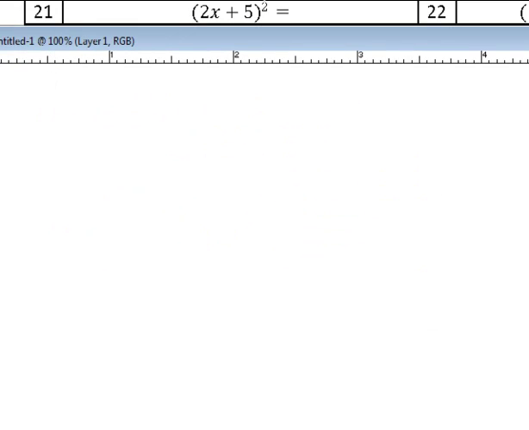In number 21, we're going to open up this set of parentheses. All right, so we're multiplying 2x plus 5 times itself. So this is a FOIL multiplication. So first we do 2x times 2x, we have 4x squared.